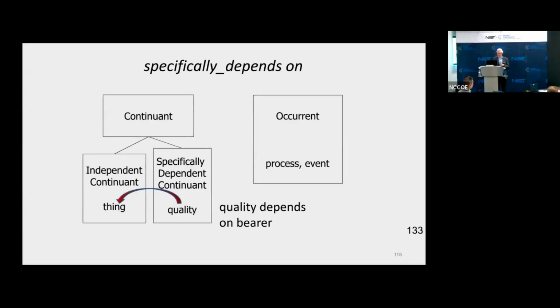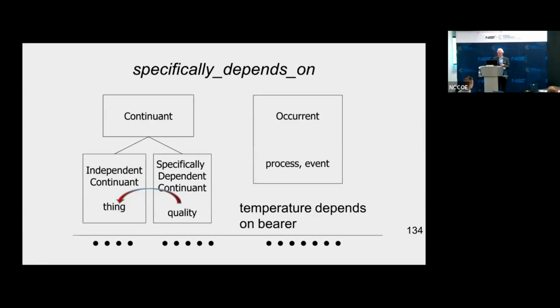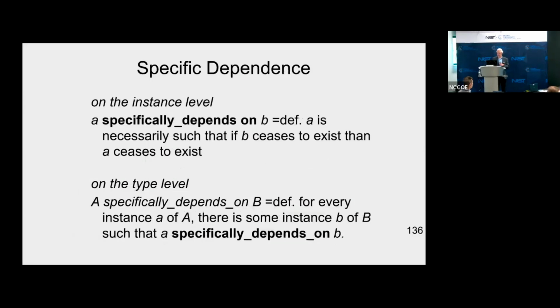We have depends on specifically, and temperature depends on the bearer. You can't get someone else's temperature. So influenza may be a generically dependent continuant, although we need to think about it. We need to think about infectious diseases very carefully when we're dealing with things like that. So we have a really good infectious disease ontology.